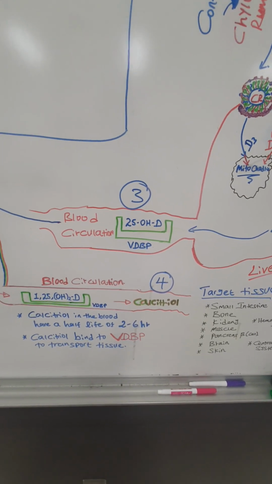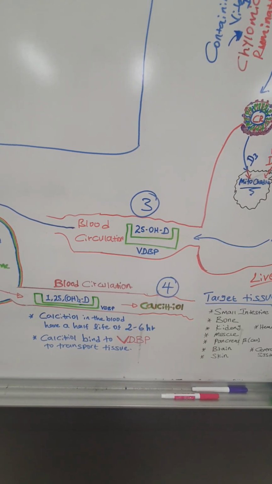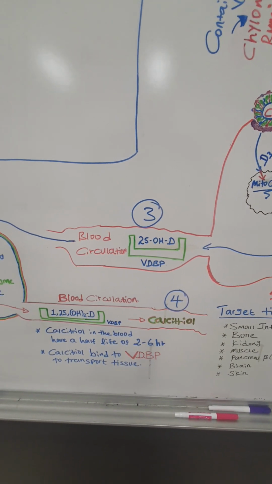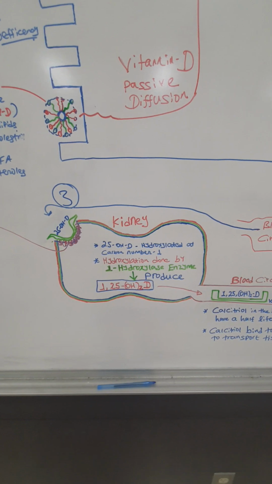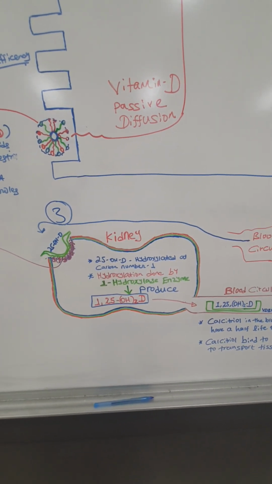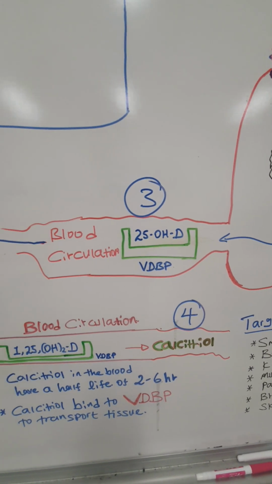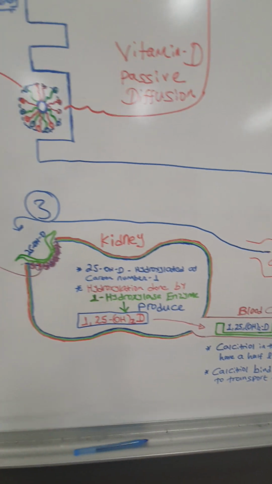But the most important site for this 25-OHD, or 25-hydroxycholecalciferol form, is the kidney. In the kidney, this form of vitamin D will be attached to its transporter, which is vitamin D binding protein. It will travel to the kidney.